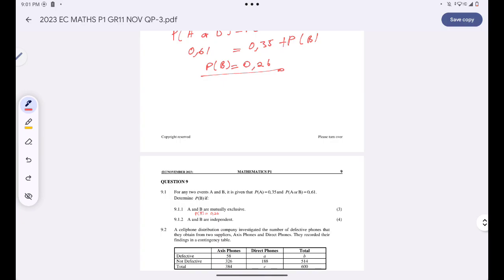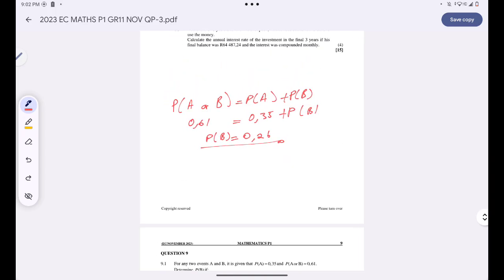Now I'm supposed to determine the probability of B if events A and B are independent of one another.